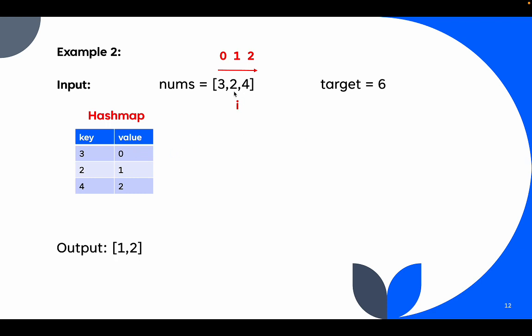Let's keep going. Now, if we work with the number 2, the complement would be 4. Let's look for number 4 in the hash map. We can see that that's right. We do have number 4 stored in our hash map with the associated index, which is 2. So we return the indices 1 and 2 because those numbers add up to 6, and that is the right answer.